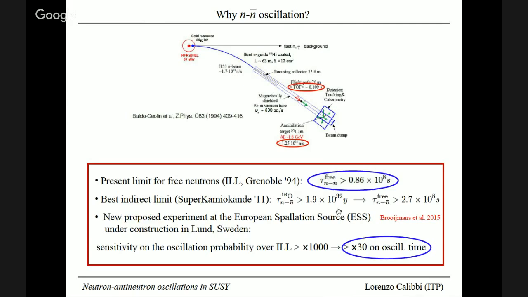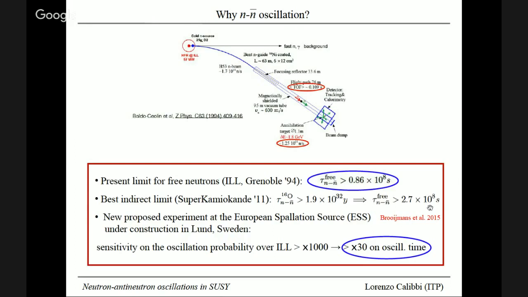Then, relying on some nuclear physics, you can translate this bound, that, as you can see, is very stringent in terms of lifetime, but the processes are, as we will see in a minute, very different if the neutron is in a free state or bound in the nuclei.